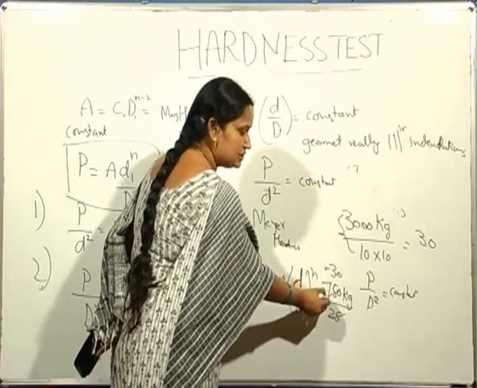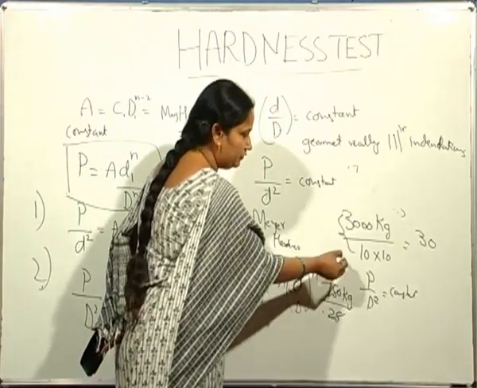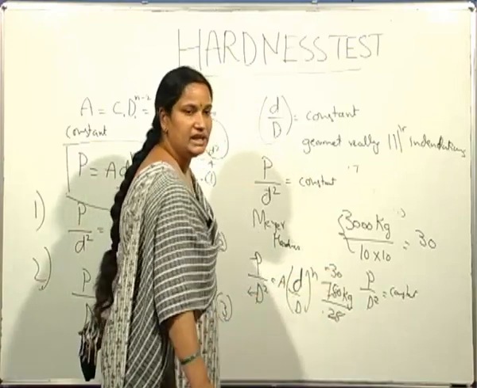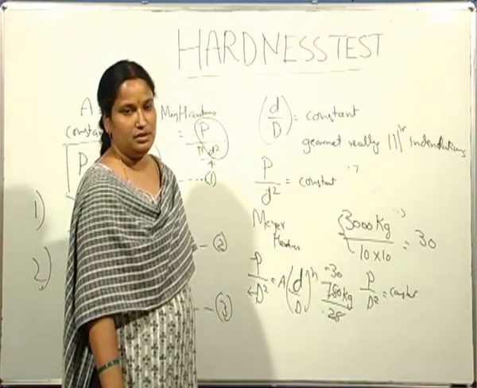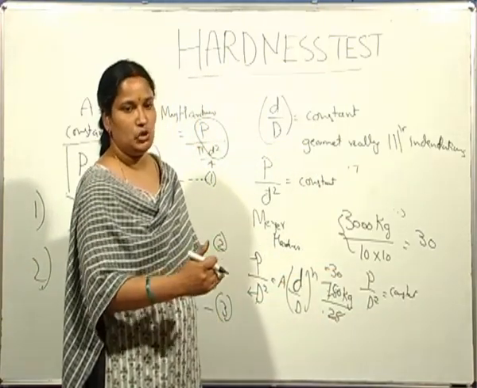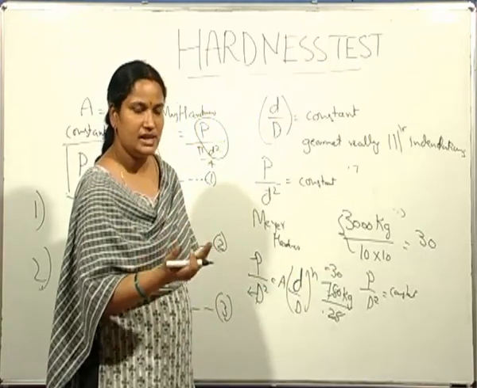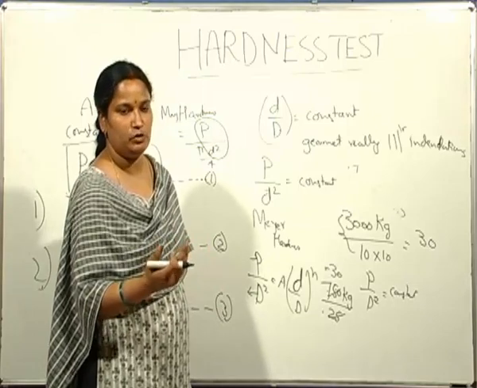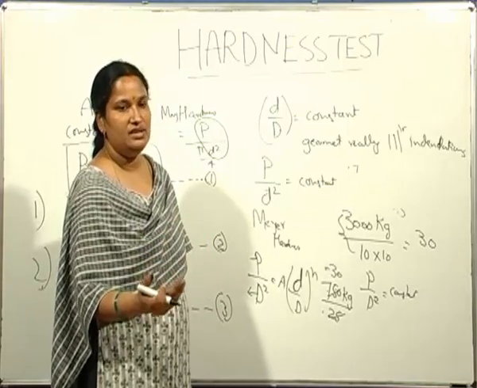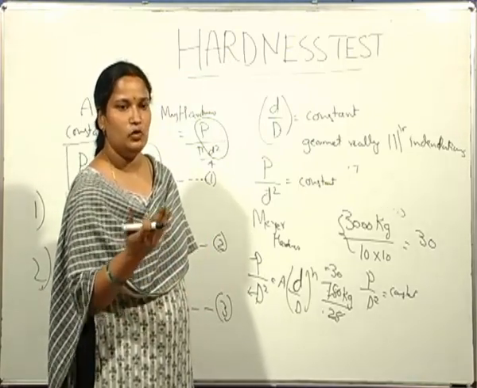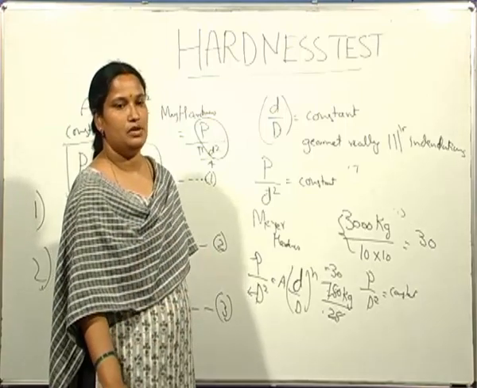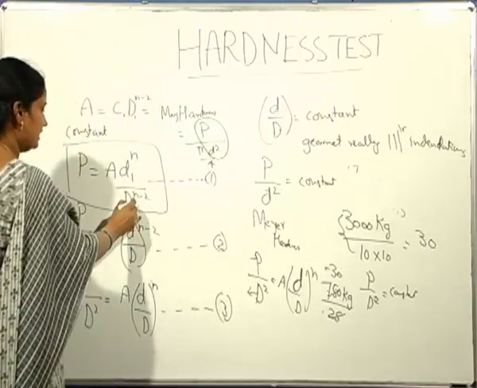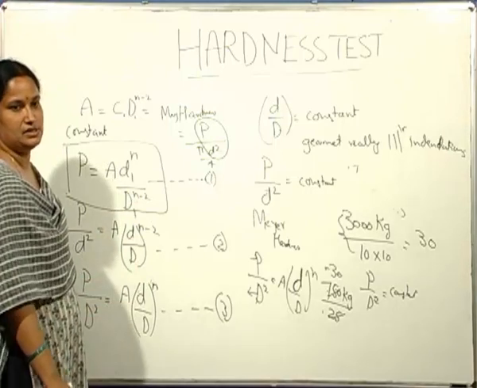The same thing is maintained here, but for different load and different diameter of indenter. So by maintaining this ratio constant, even with a non-standard load and a different diameter of indenter, one can obtain the same hardness value for the same material. So this is the significance of these two equations.